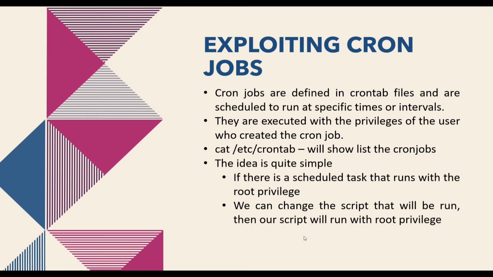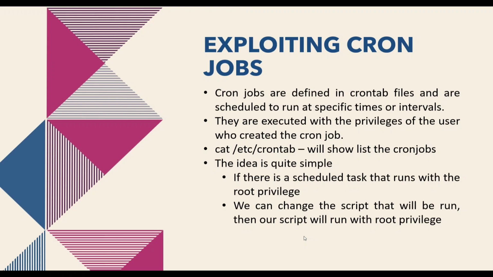These scripts are executed with the privileges of the user who created them. We can see all the scheduled cron jobs in the crontab. So here is a basic idea of how this attack works: we simply need to replace our own malicious script with a root-privileged script.